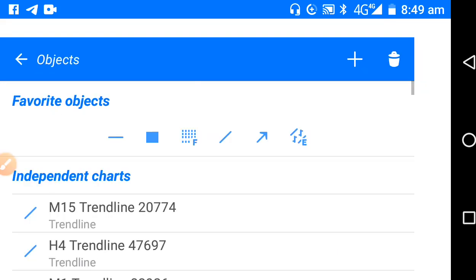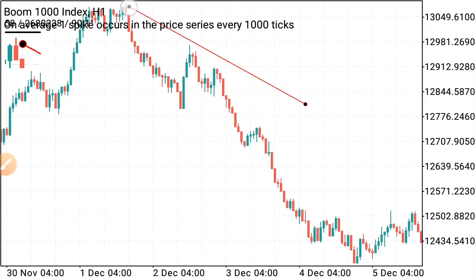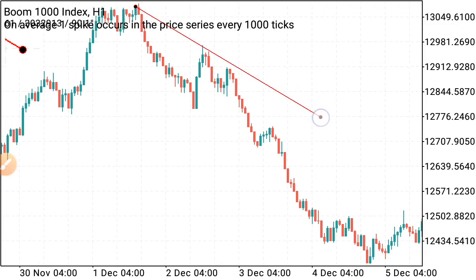So let's try and connect 3 peaks. Guys, we have another 1, 2, and 3 touch here.